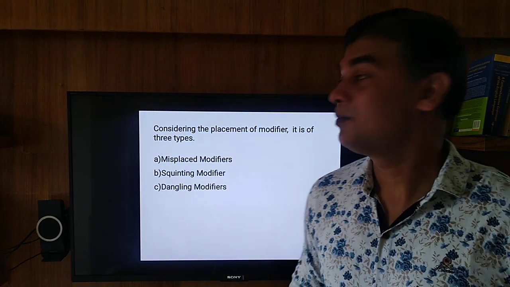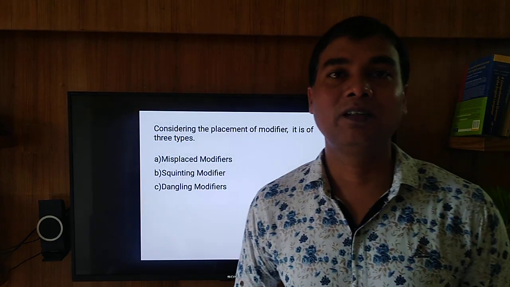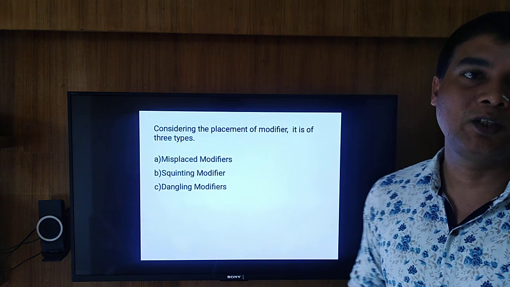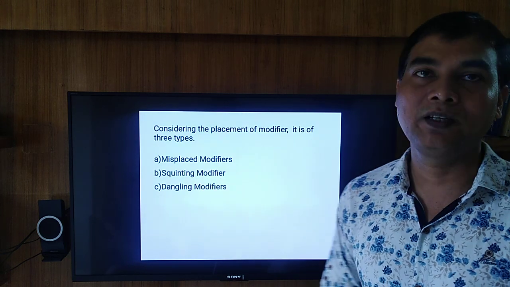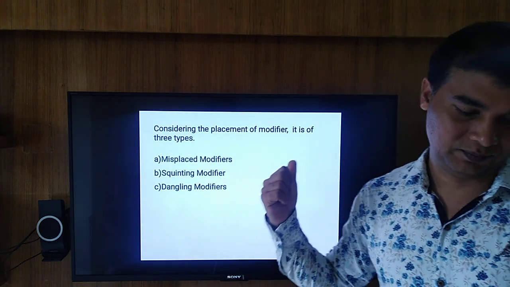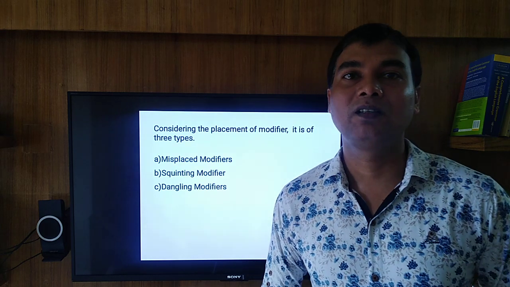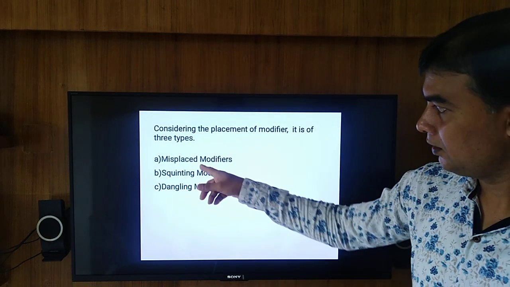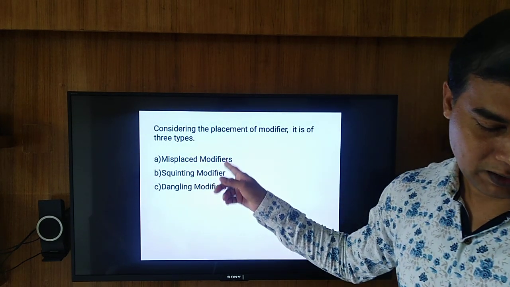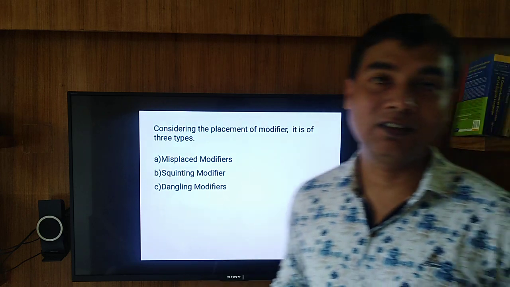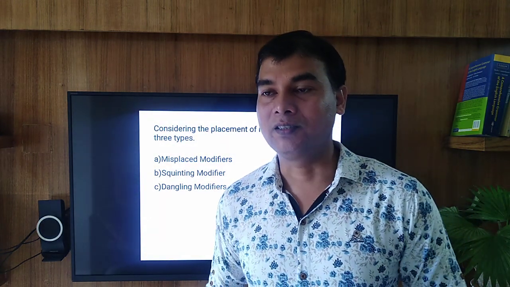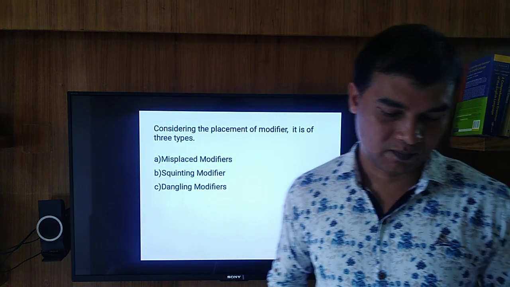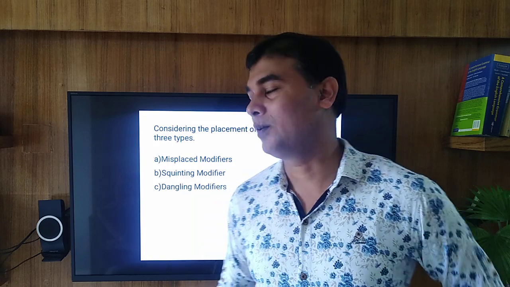Now, dear learners, considering the placement of modifiers, they are of 3 types: misplaced modifiers, squinting modifiers, and dangling modifiers. Dear learners, you know, many sentences at first glance appear to be correct, but on second reading they seem unorganized due to misplaced modifiers.